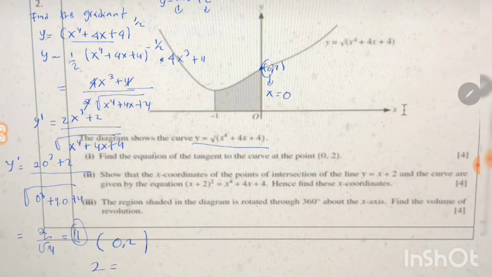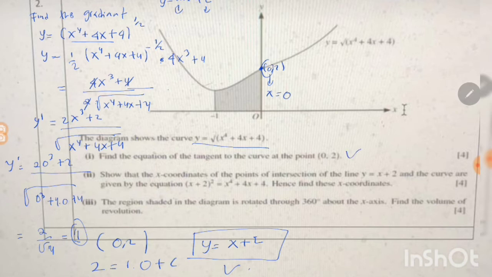So 2 equals 1 times 0 plus c, it means c equals 2. Then our equation of the tangent is y equals x plus 2. Our m is 1, right? So it's this one for part one.